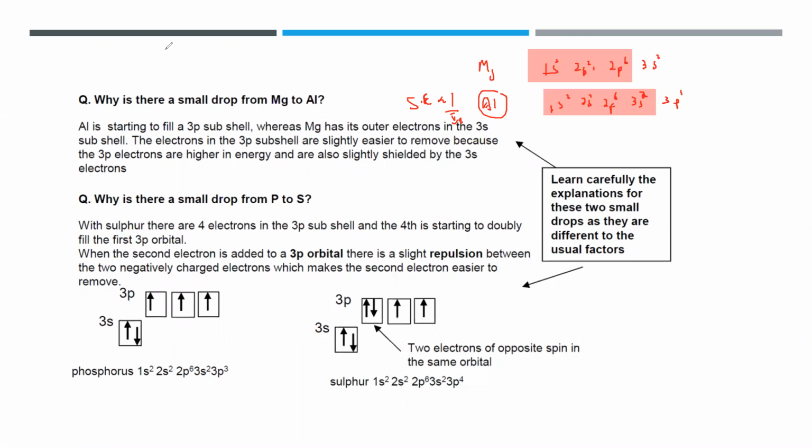Electrons in the 3p shell are slightly easier to remove because of higher energy and shielding effect, with a small shielding effect for 3s compared to 3p. So the ionization energy of aluminum will be smaller compared to that of magnesium. Is it clear? Any doubt in this part?